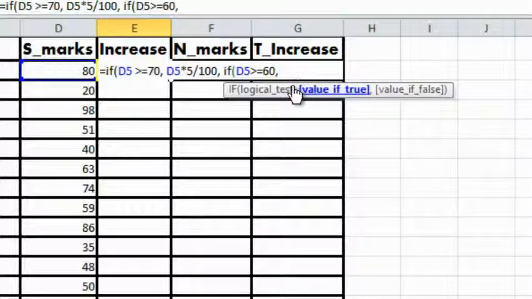That's already included in the function. So if it's more than 60, then what do we do? We multiply the mark by 2%, which is 2 over 100.